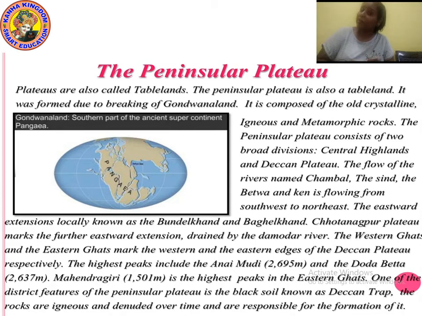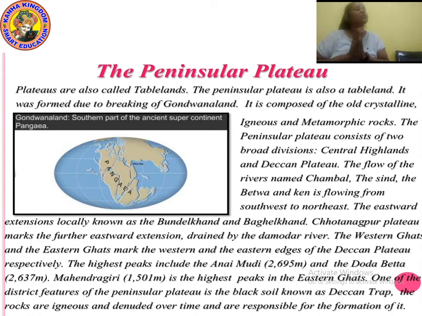The Peninsular Plateau has been divided into two parts, named the Central Highlands and the Deccan Plateau. Clear? Now these all make the Peninsular Plateau. The Deccan Plateau is covered on both sides by the Western Ghats and the Eastern Ghats.